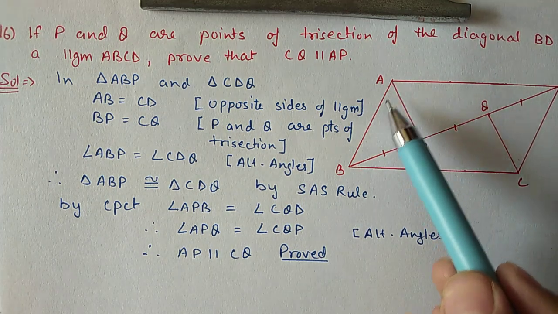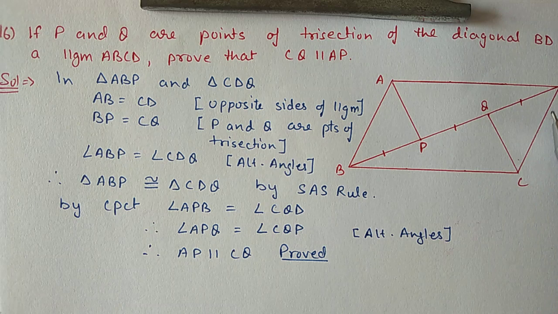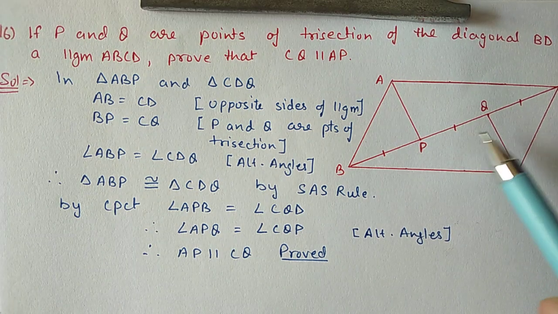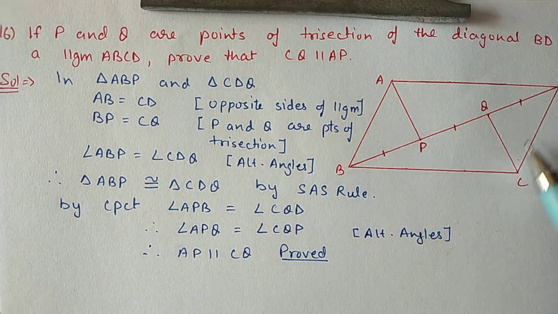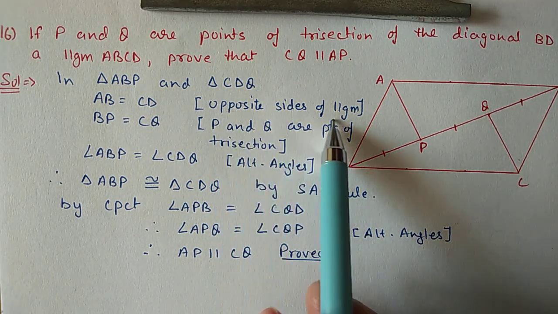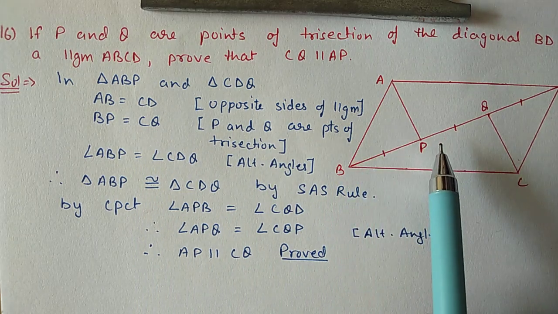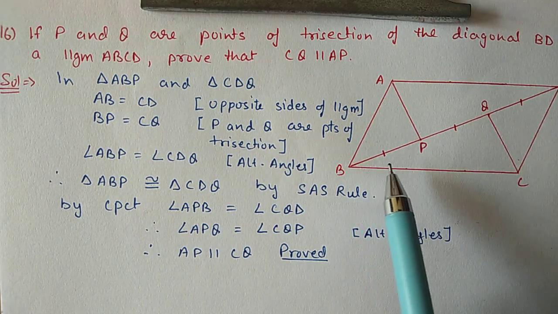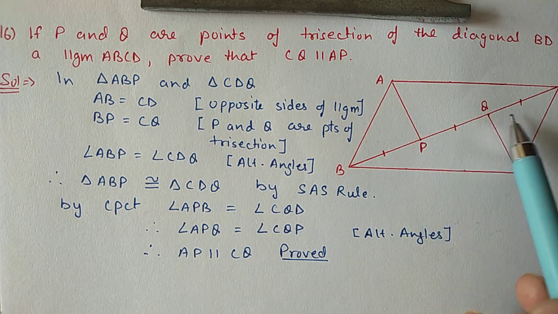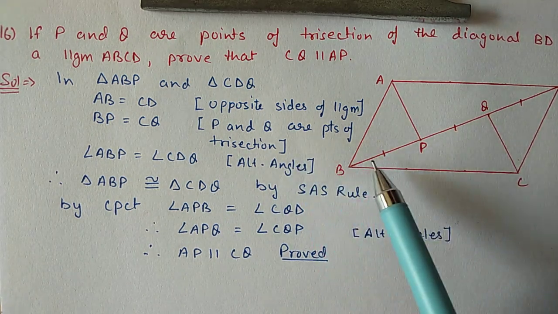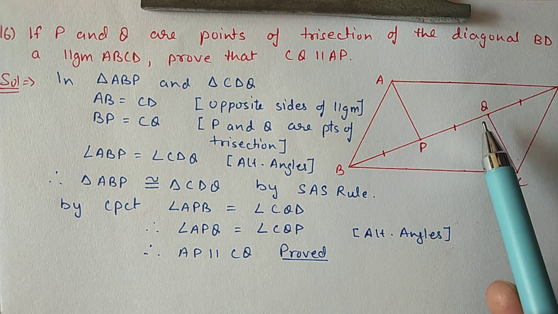So first we will take these two triangles, triangle ABP and triangle CDQ. In these two triangles AB is equal to CD because these two are the opposite sides of a parallelogram. Opposite sides will be equal. Next we have taken BP is equal to DQ and it is given in the question because P and Q are the trisection points.